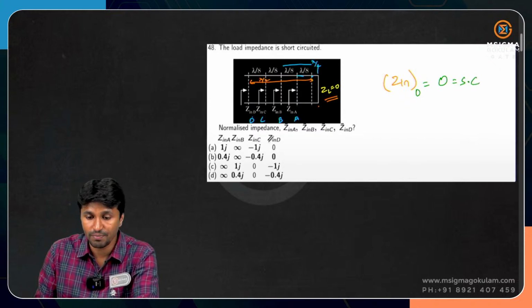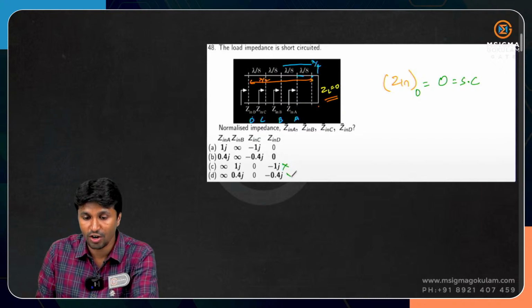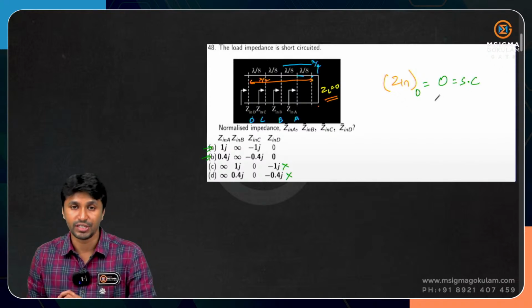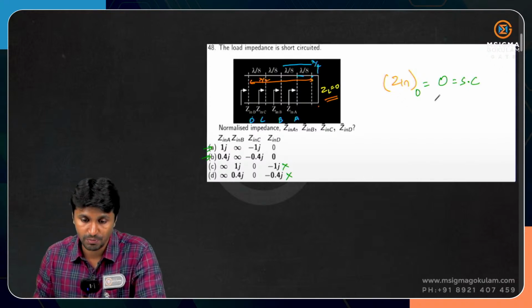So from the options you can eliminate option C and option D, because only in options A and B do you find the impedance at D to be 0 ohms. So this is the first point.